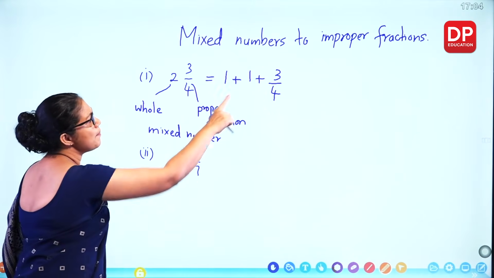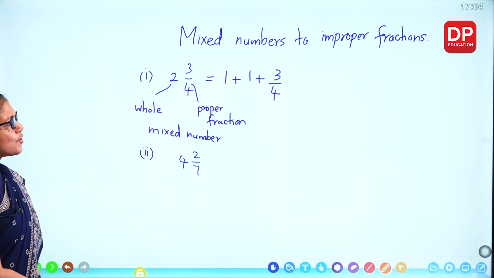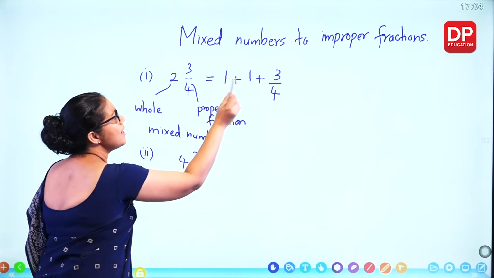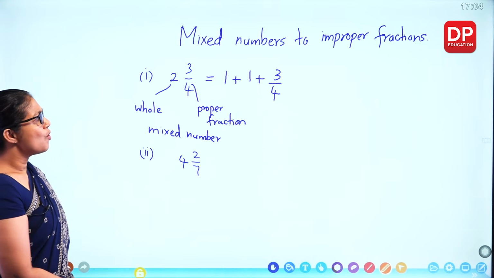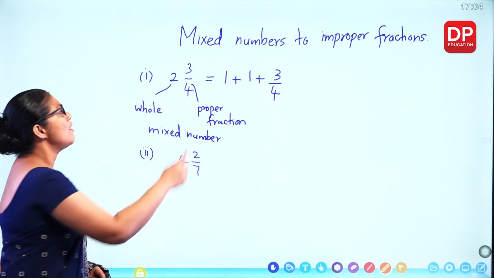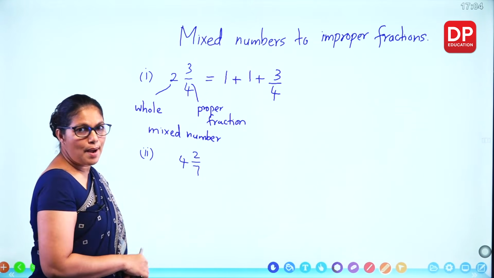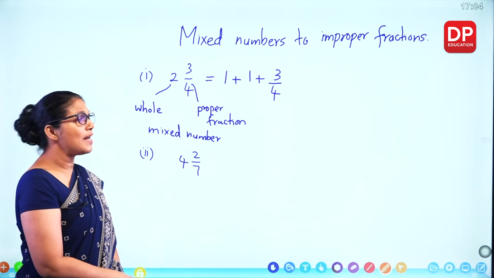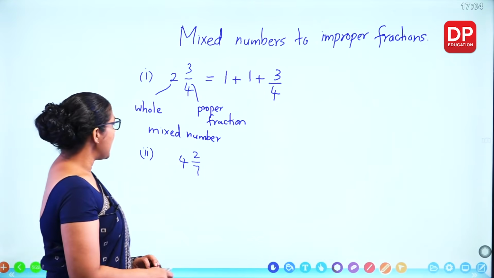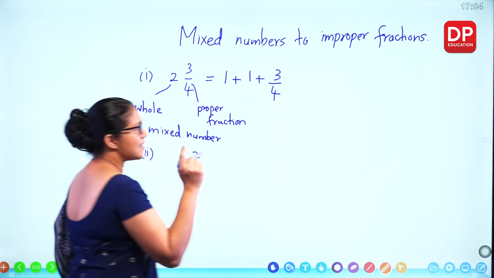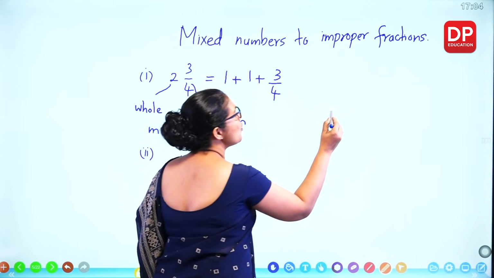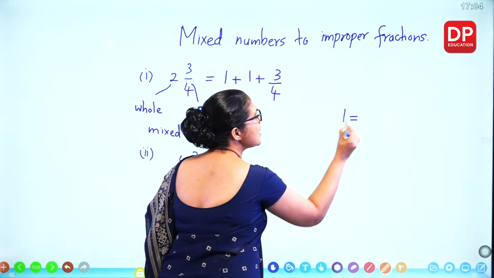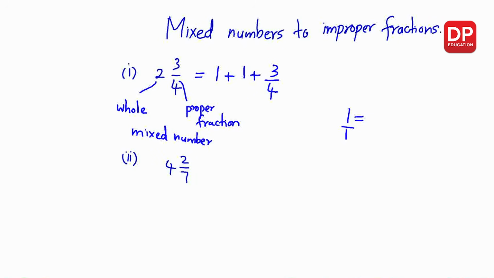So what happens here? 3/4 is there, and 1 and 1. Now can you find the addition? No. What we can do, when you take any whole number, is convert it to an equivalent fraction. We'll take the previous part, where I explained how to convert to an equivalent fraction. So 1 you can write as 1 over 1.